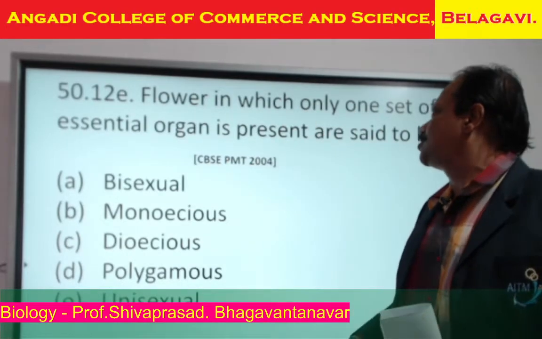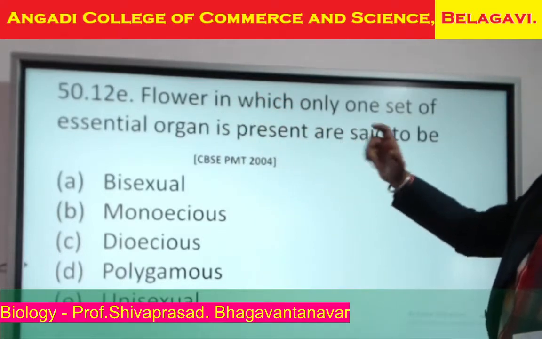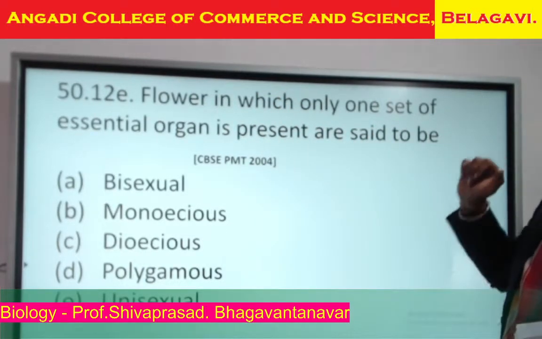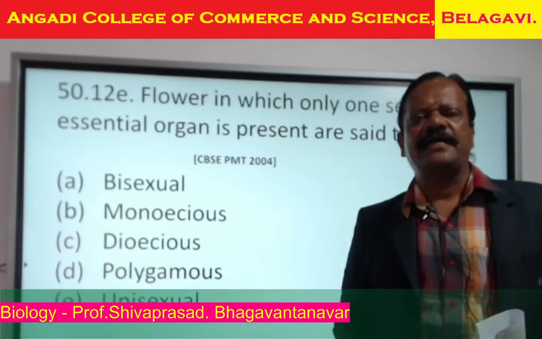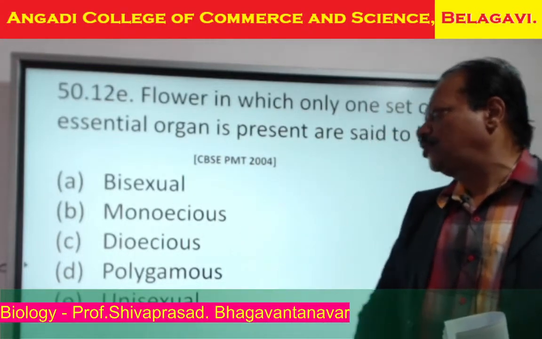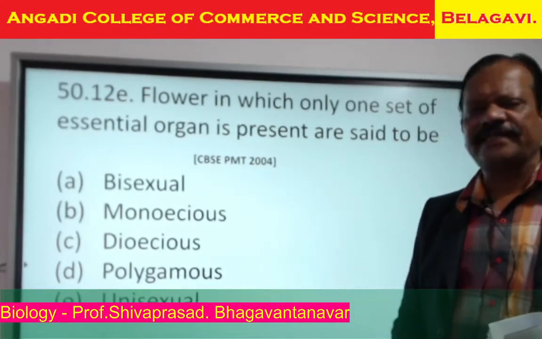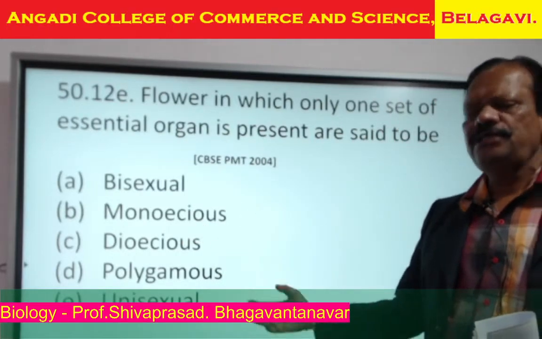Flower in which only one set of essential organ is present are said to be. Now here, bisexual, monoecious, dioecious, polygamous, unisexual.